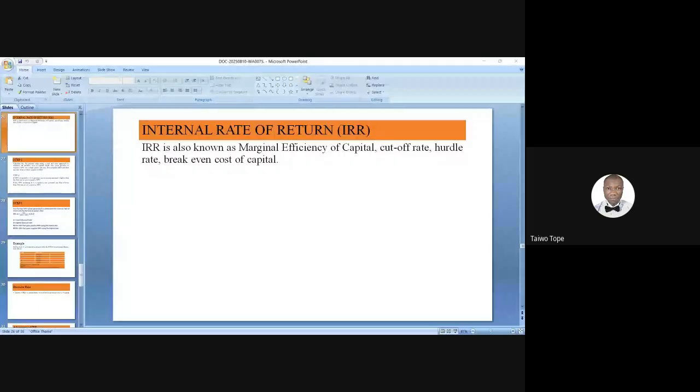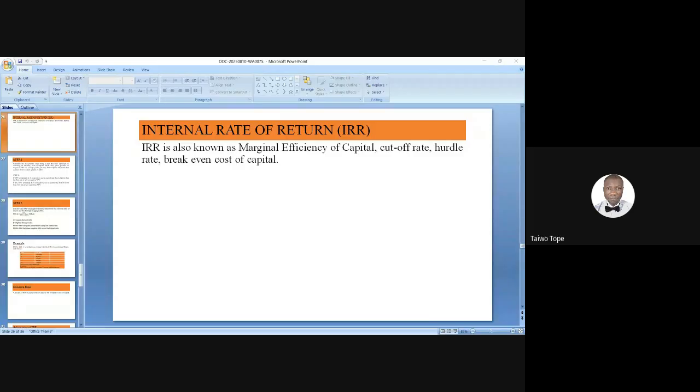Is also significant, and that is why it is classified under what? Discounted cash flow techniques, because in discounted cash flow techniques, we consider the issue of what? Time value of money. So discounting means what? When we talk about discounting, we are referring to what? Accounting for time value of money.